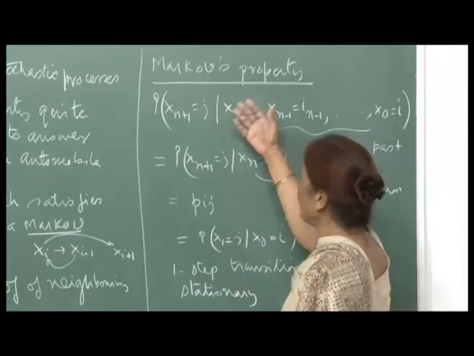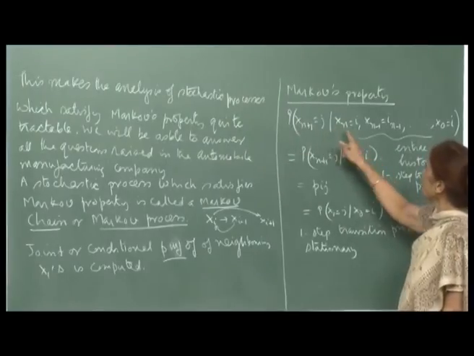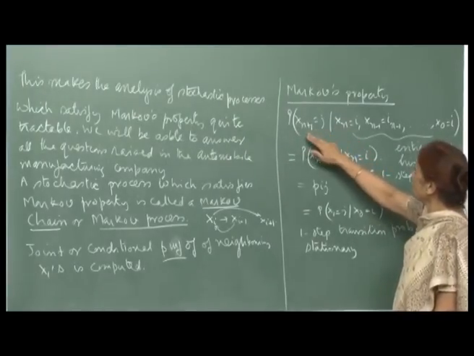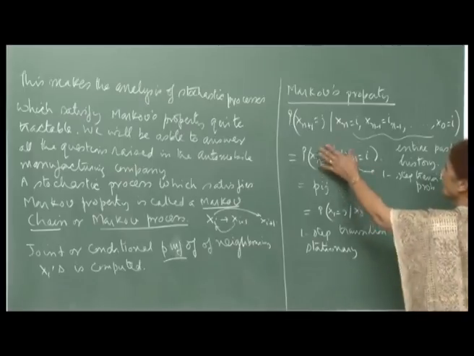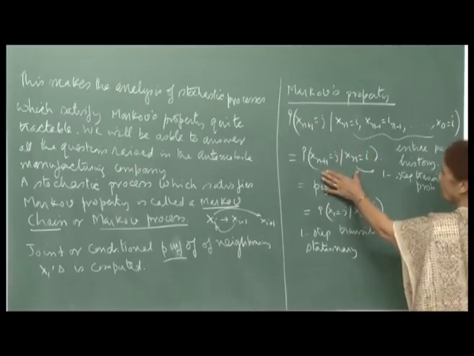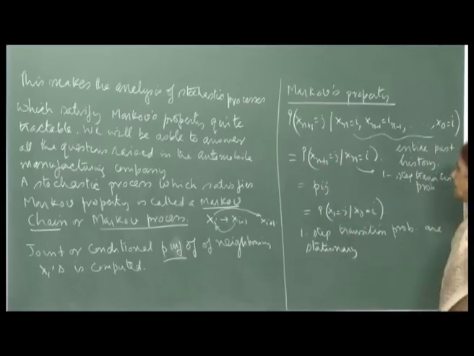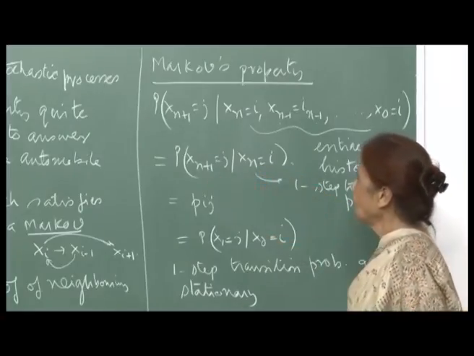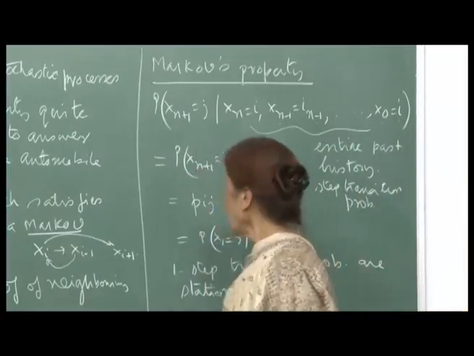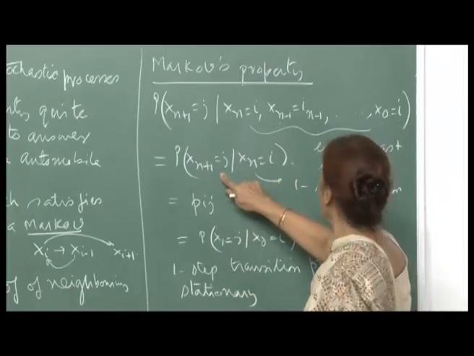If you are not assuming the Markov property is satisfied by the process, then to compute this probability you would need to know the entire past history. But Markov's property simplifies it and says that this whole thing is equal to the probability that X(n+1) equals j, given that Xn is i. So the current state of the system helps you determine, with some probability, where the system will be in the next time period.